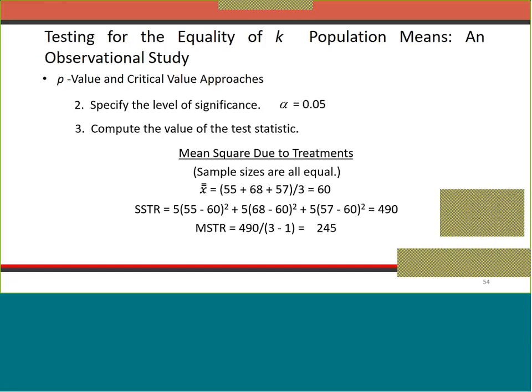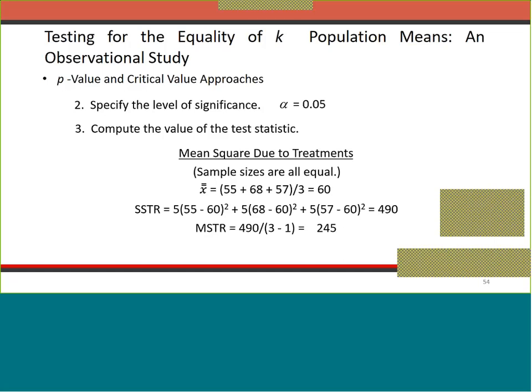Now we want to calculate the sum of squares due to treatments. The first sample size is 5, so 5 into (55, the first treatment mean, minus overall mean 60) whole square, plus second sample size 5 into (68, the second treatment mean, minus overall mean 60) whole square, plus third sample size 5 into (57, the third treatment mean, minus overall mean 60) whole square.